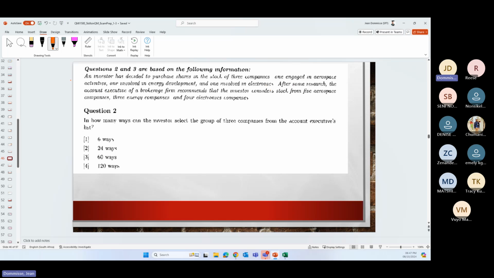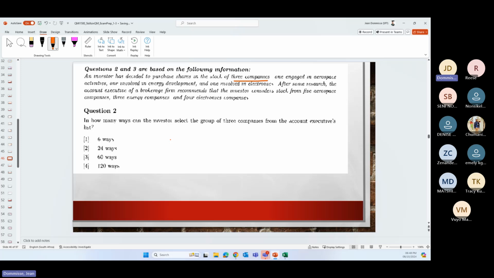An investor has decided to purchase shares in the stock of three companies: one engaged in aerospace, one involved in energy, one involved in electronics.